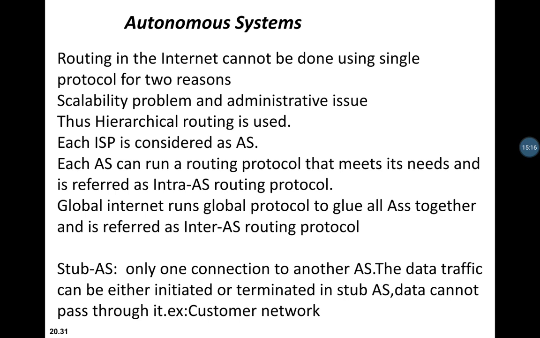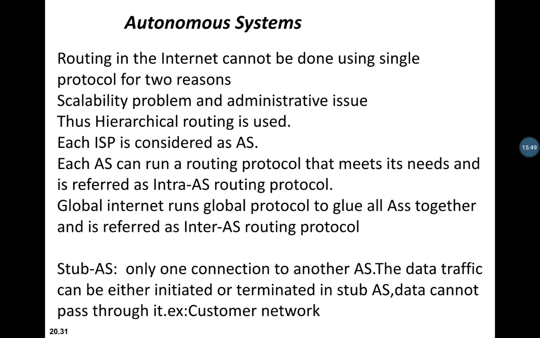The routing protocol that runs in each autonomous system is intra-autonomous system, which is also called intra-domain or interior gateway. Next, the global internet runs a global protocol to glue all autonomous systems together, and it is referred to as inter-autonomous system routing protocol, or inter-domain or exterior gateway.